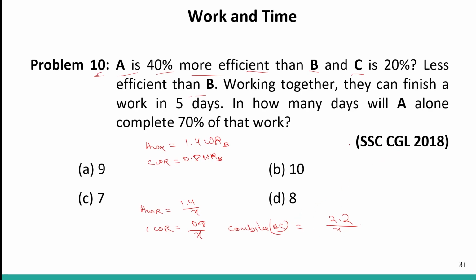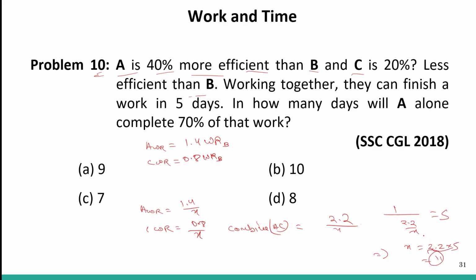So working together they can finish a work in 5 days. So how much time do they take? If I divide 1 by 2.2 by x, this is equal to 5. So this implies x is equal to 2.2 into 5 is equal to 11, right? So this is what we have.